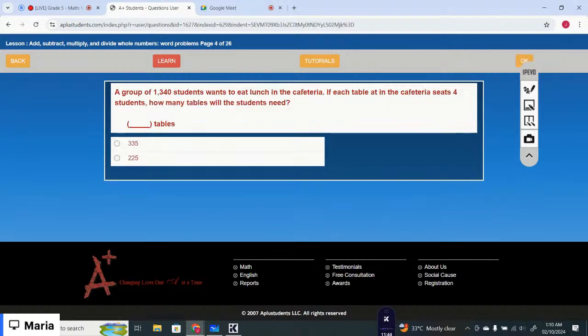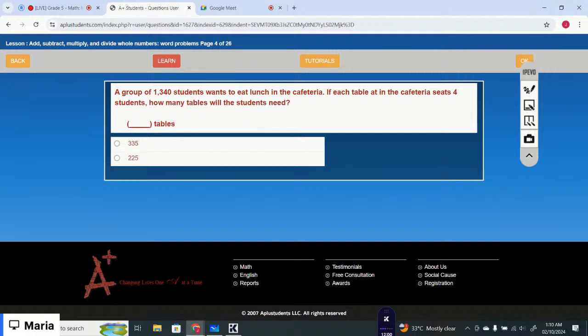A group of 1,340 students wants to eat lunch in the cafeteria. If each table in the cafeteria seats 4 students, how many tables will the students need? So, which is the correct option?